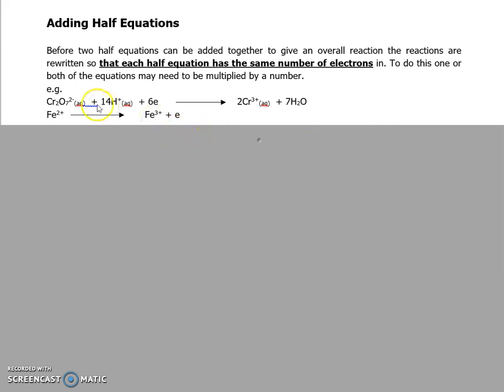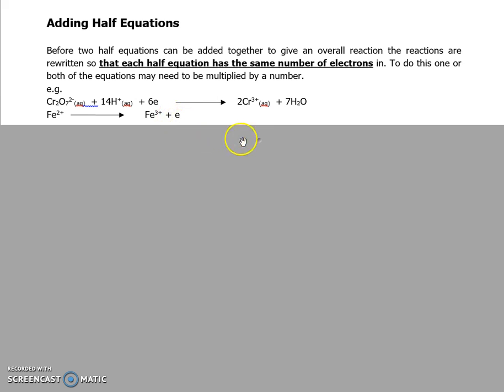Looking at these 2 half equations here, for the reaction between dichromate ions and iron(II), you can see that the dichromate requires 6 electrons and the iron(II) releases 1 electron.